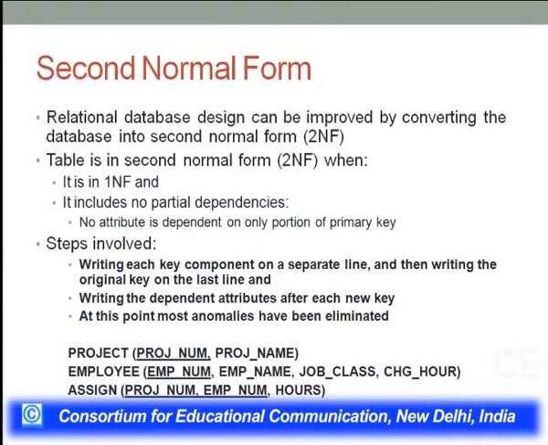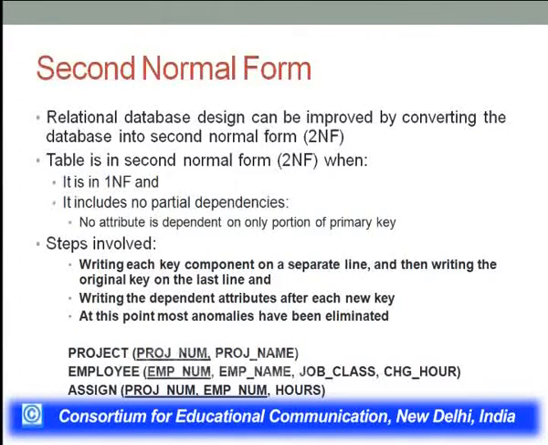So, now after looking at this table and the dependency diagram, we say that the database is in the first normal form. But still it shows a lot of repeating information, a lot of redundant information can be seen in it. Therefore, the database needs to be normalized further, and the second normal form is chosen for that.